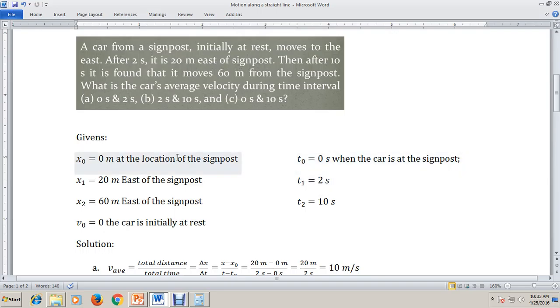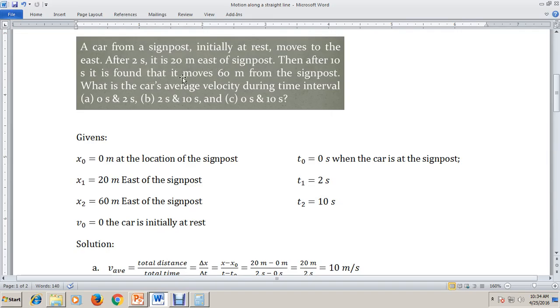So t sub 1 partners with x sub 1, 20 meters east of the signpost. t sub 0 partners with x sub 0, and t sub 2 partners with x sub 2. So what is t sub 2? After 10 seconds, therefore 10 seconds is a later time, so we assign t sub 2 for that later time, 10 seconds.